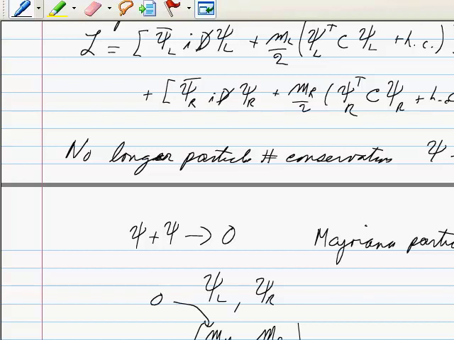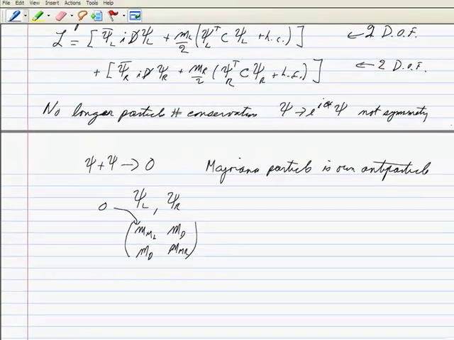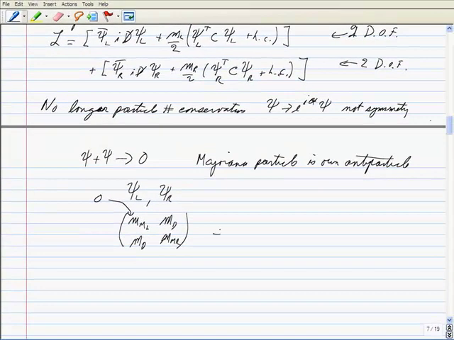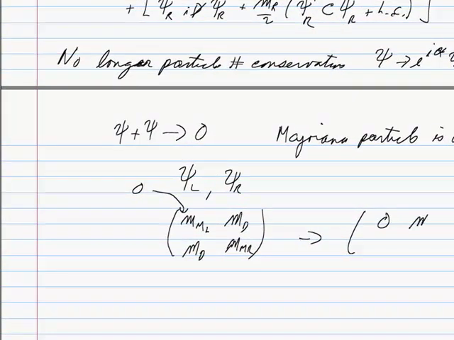Okay, and that's because the left-handed neutrino is a partner of the left-handed electron, and you can't do this for an electron for charge reasons. So that guy has to be 0, but the right-handed guy doesn't. So I'll just call it M right Majorana.